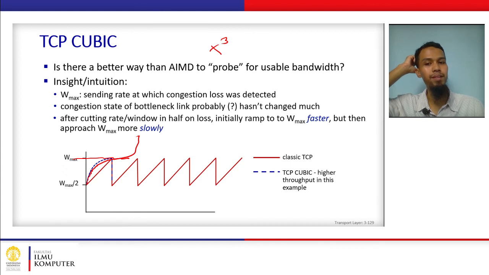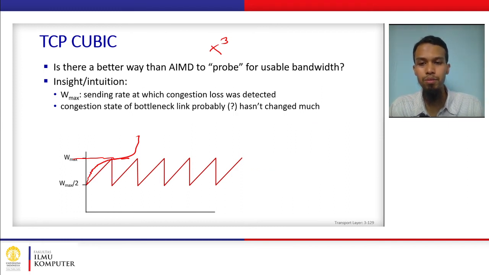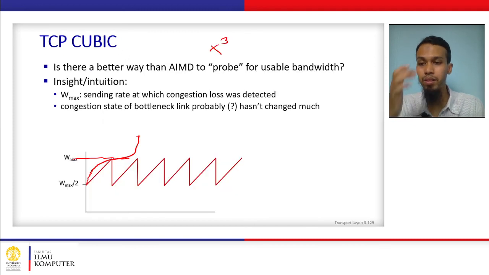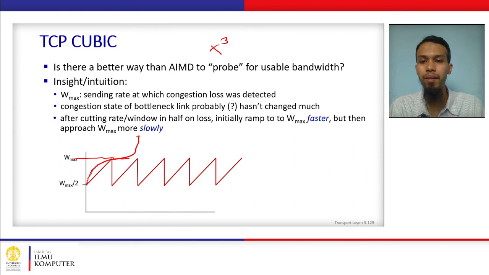So we are using this, like in this case before it's the SS thresh, but we are just saying that this is the W max, the maximum sending rate before the congestion was detected.